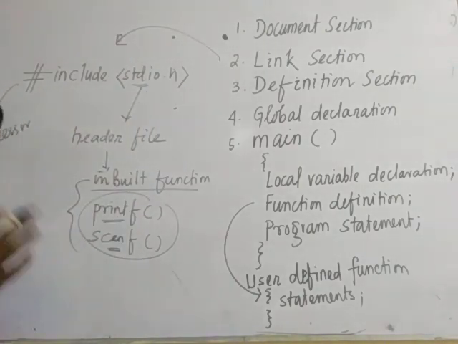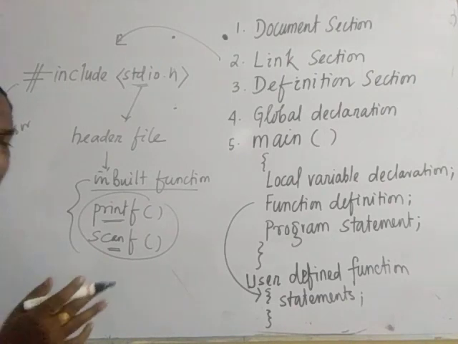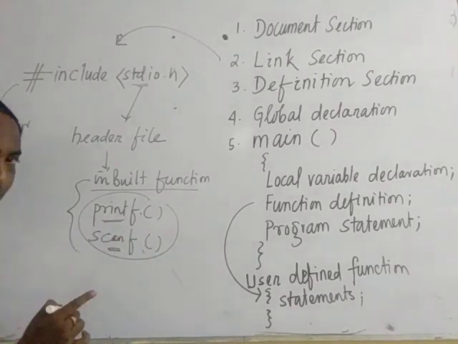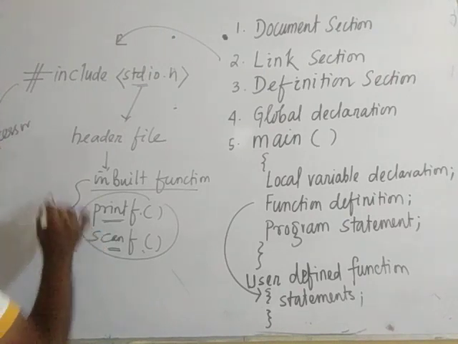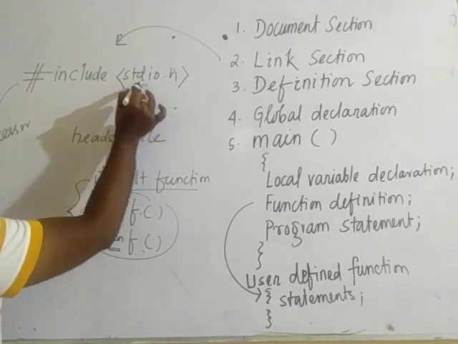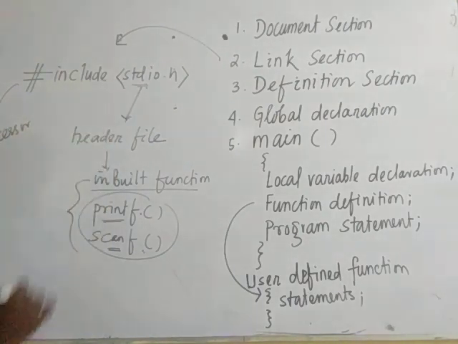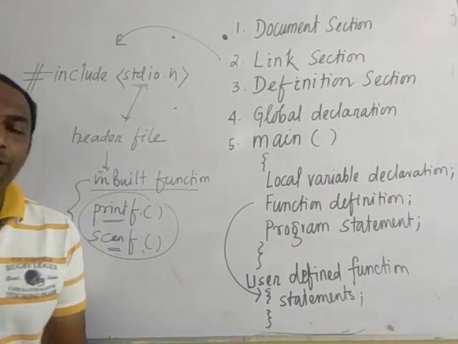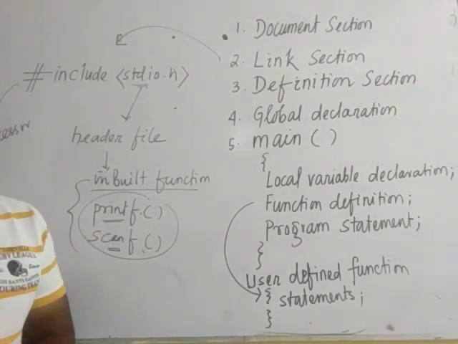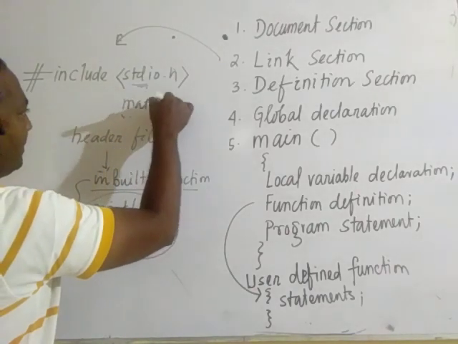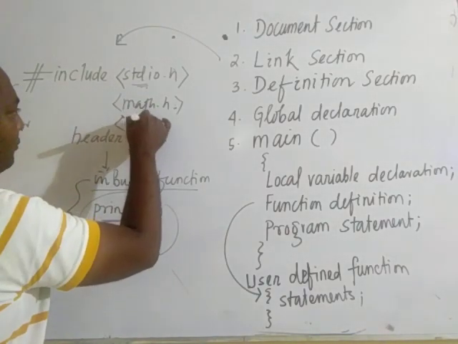If inside the program I use these two functions, printf and scanf, then I have to include the stdio.h file. Clear? Similarly, if I use sqrt, the square root function, to find out the square root, then I have to use math.h.